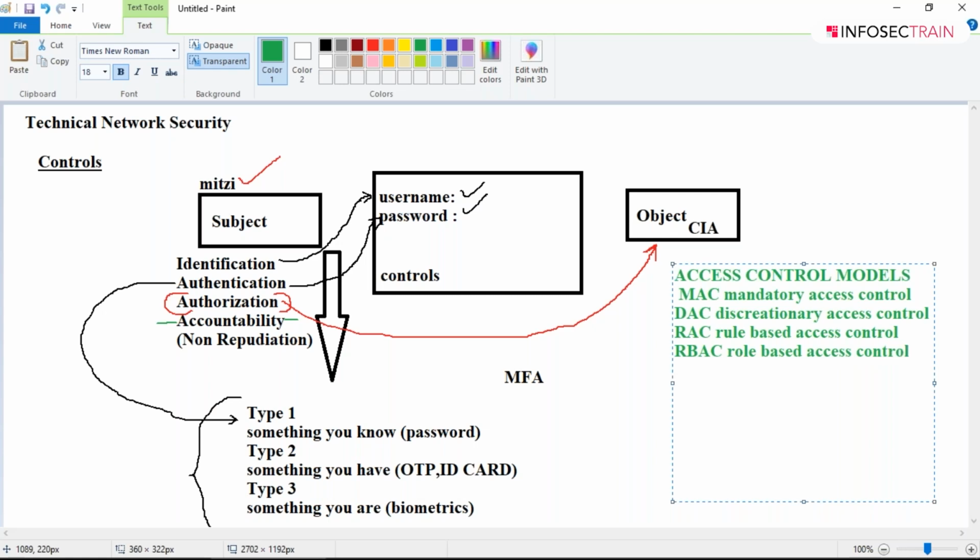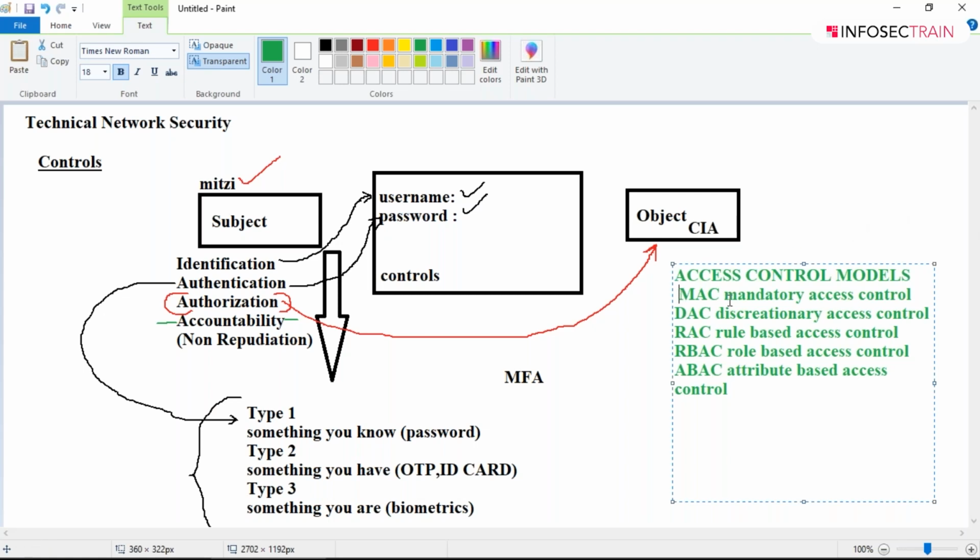And there is one more, guys, that is known as attribute-based access control, ABAC. So these are the types of access control models, guys.